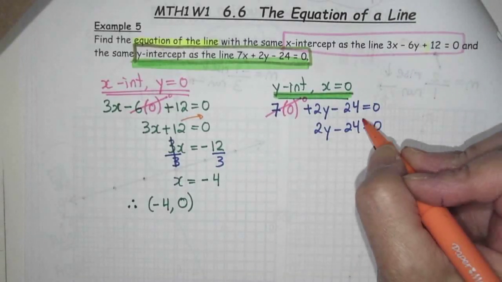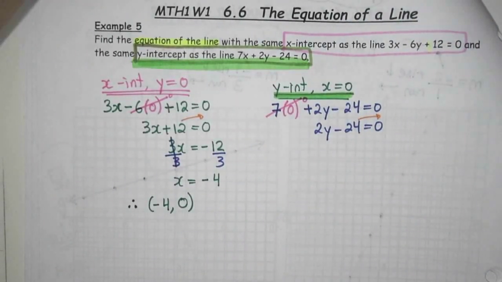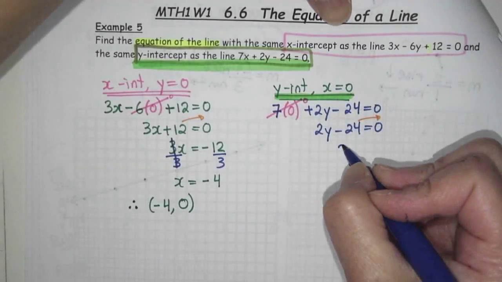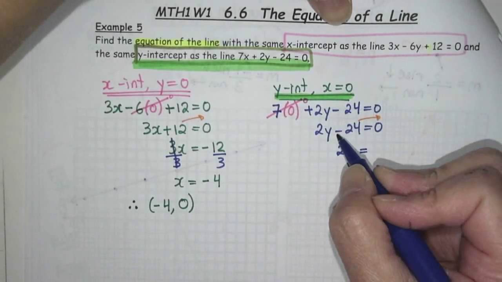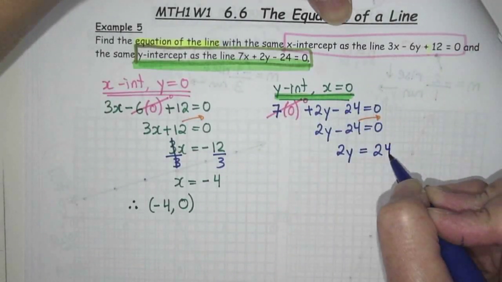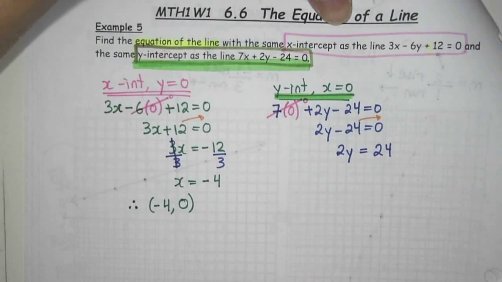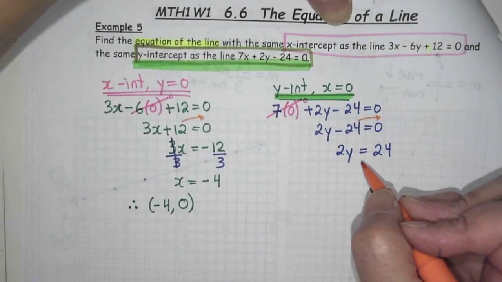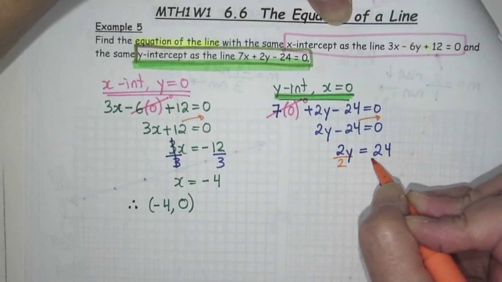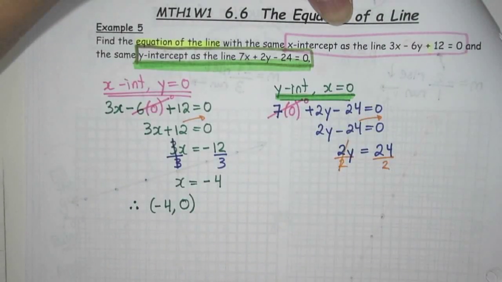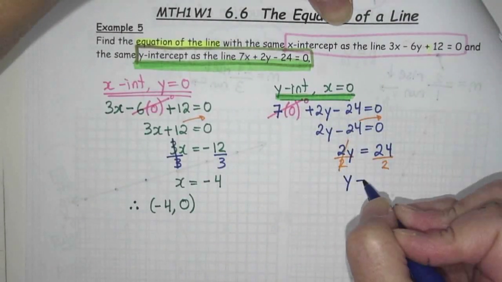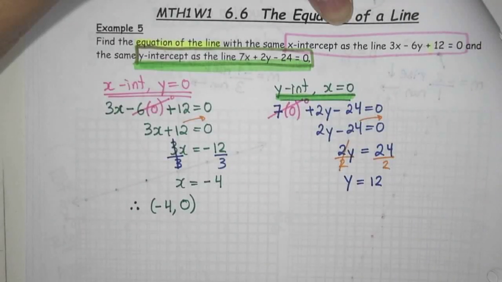Bring this over to the other side, and we get 2y equals, when it's minus 24, it becomes positive 24. Whenever we're solving and there's a number in front, we're down to the last step, we divide both sides by whatever's in front. That cancels out. y equals 12.